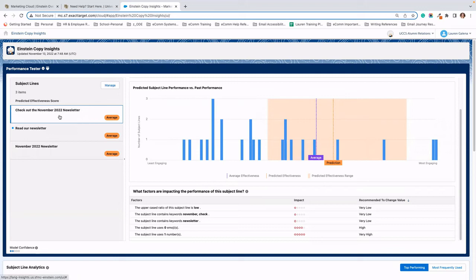So we can see, check out the November 2022 newsletter has a lot more negative impact language factors compared to the first one that we looked at. And yeah, you can do up to 10 of those.